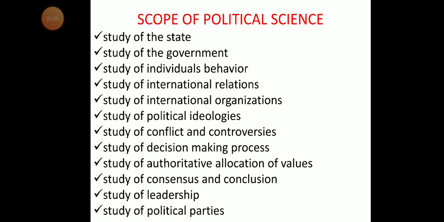There are certain ideologies known as isms, for example liberalism, individualism, utilitarianism, communism, socialism, fascism, Nazism, Gandhism. All these ideologies are part of the subject matter or scope of political science.